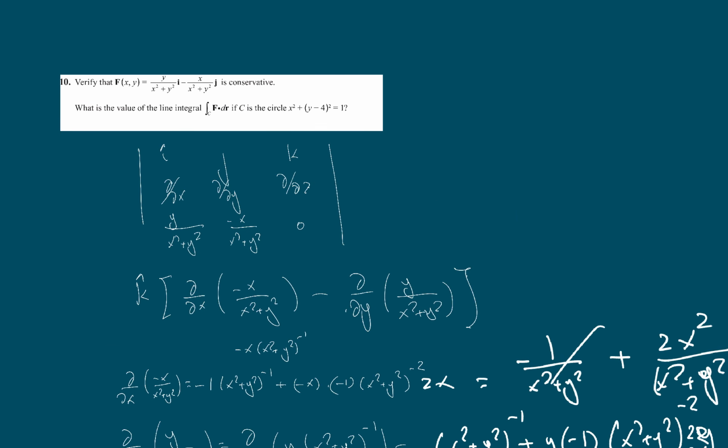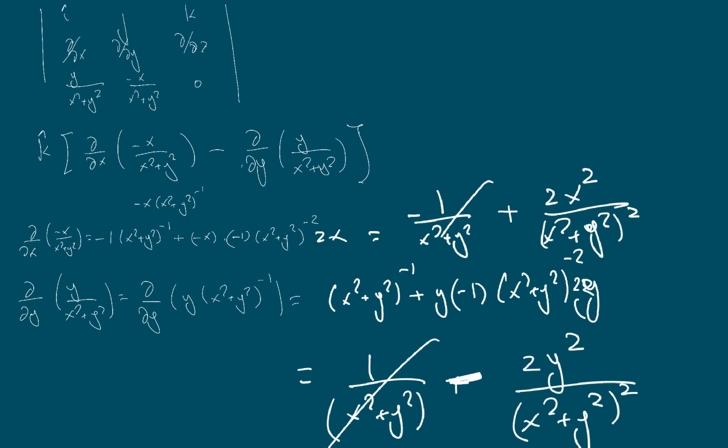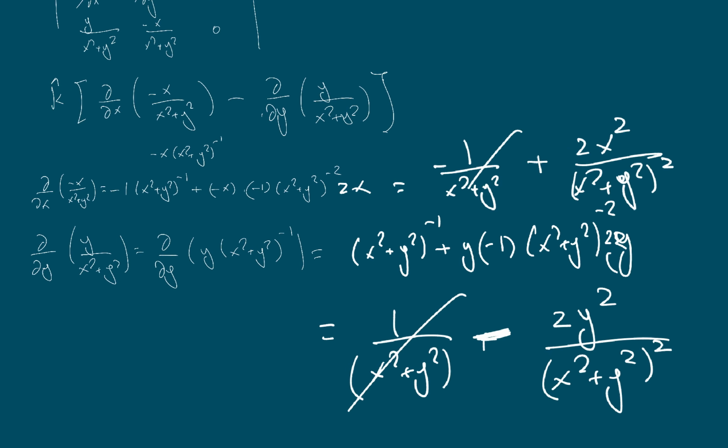Let me think on the signs. Let's go to see the signs. Minus minus is plus 2x squared, and 2y squared. So this field is not conservative.